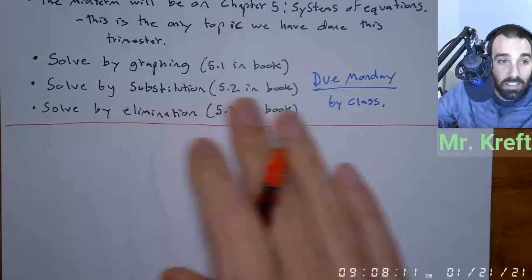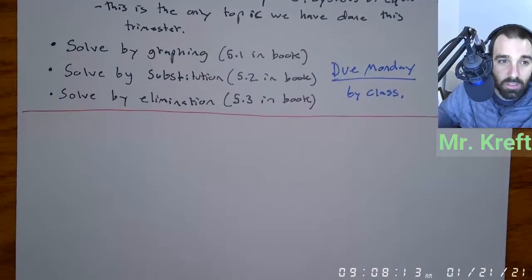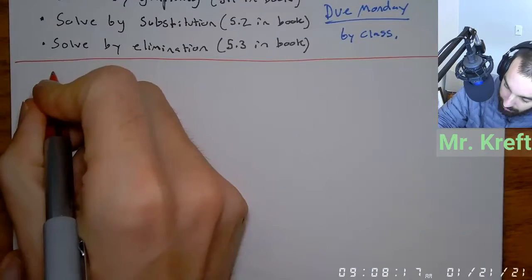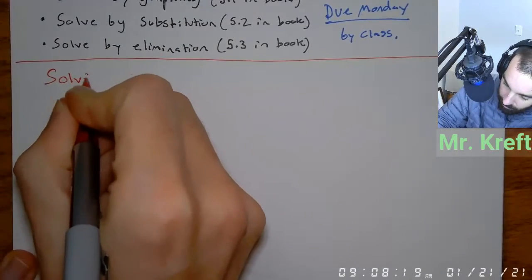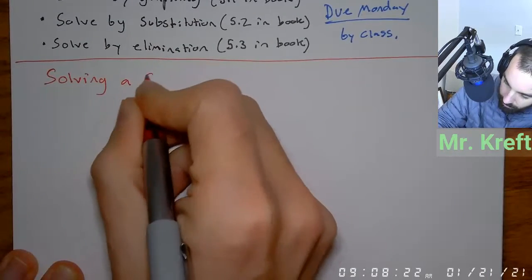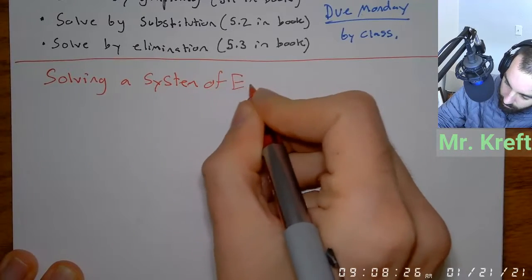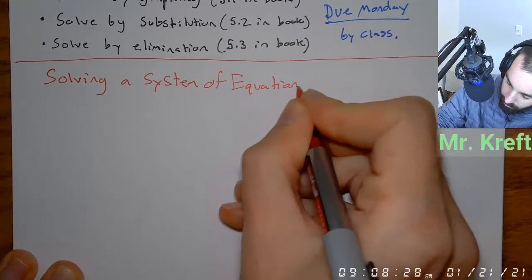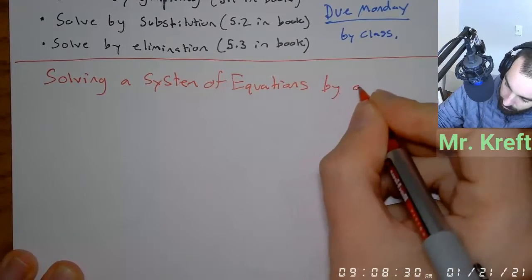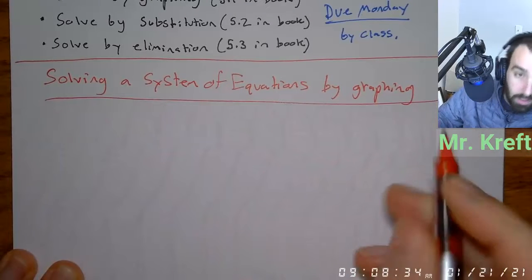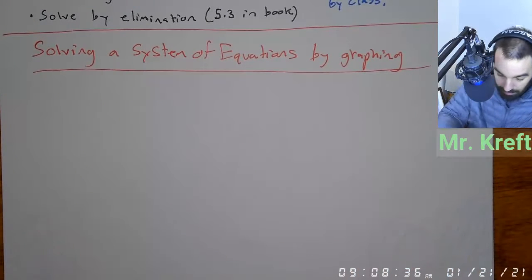All right, so taking a look at this, what we're going to do here is first take a look at solving by graphing. Okay, so we're going to solve a system by graphing.